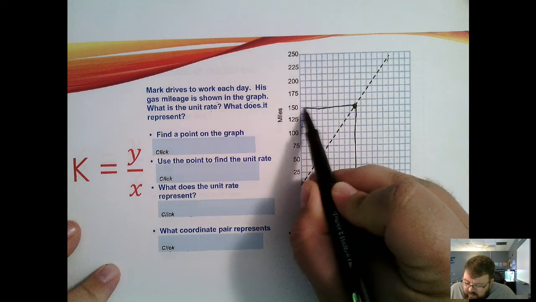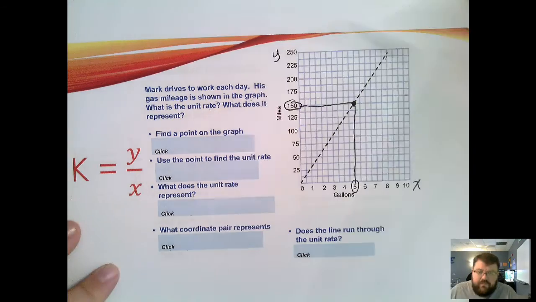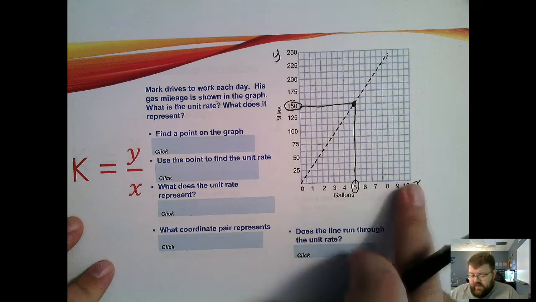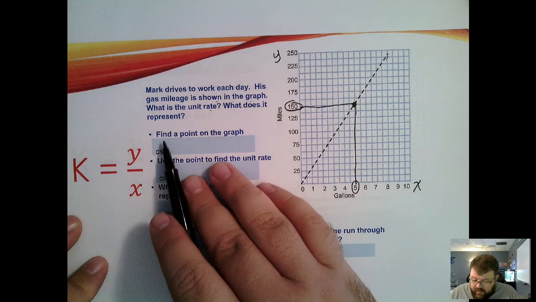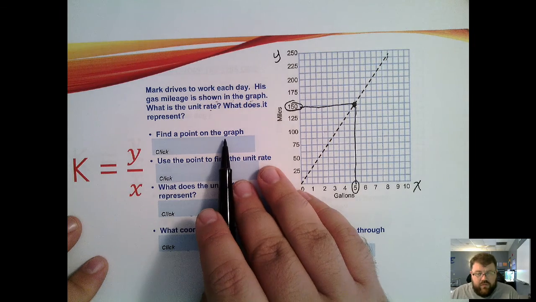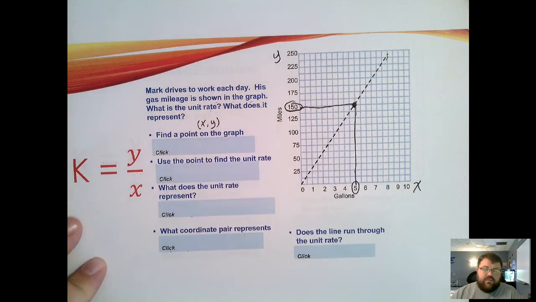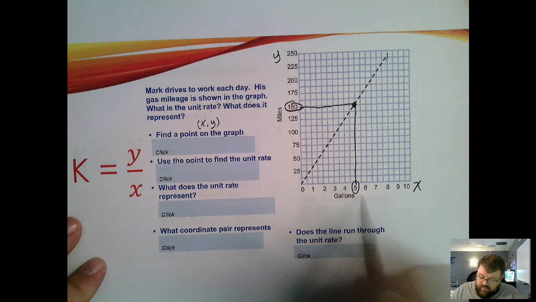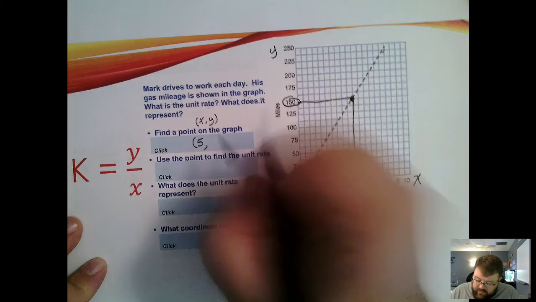Go over. This is the y value. So I have the x and y axes. When you are talking about ordered pairs, remember, x comes before y, just like the alphabet. So my x value is 5. My y value is 150.